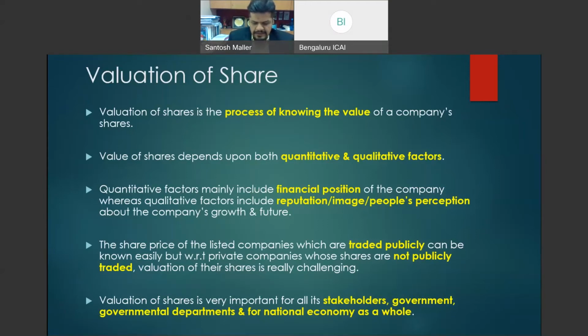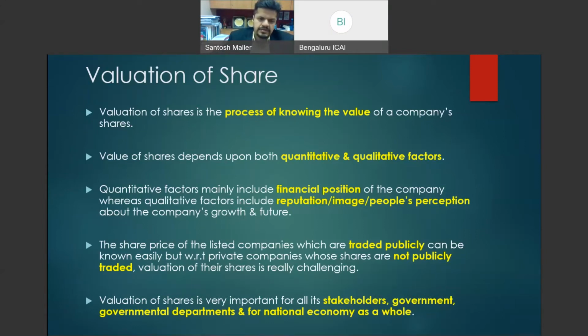In that case, you may not have the entire visibility about the operations of the company, and it may not be possible for you to get the information.